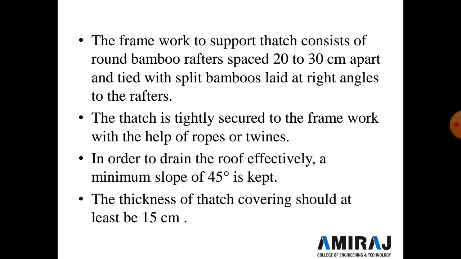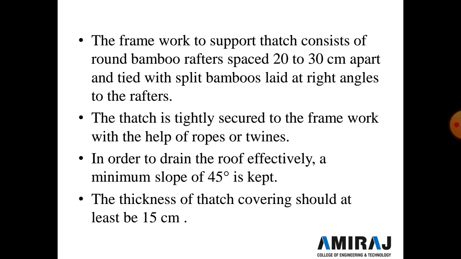The framework to support the thatch consists of round bamboo rafters spaced 20 to 30 centimeters apart, and tied with split bamboo laid at right angles to each other, and the thatch is tightly secured to the framework with the help of rope or twine.